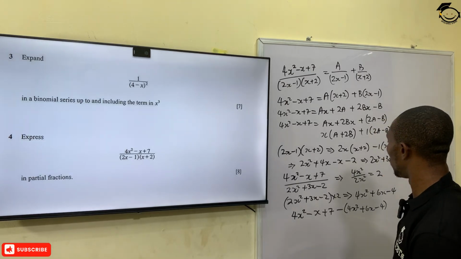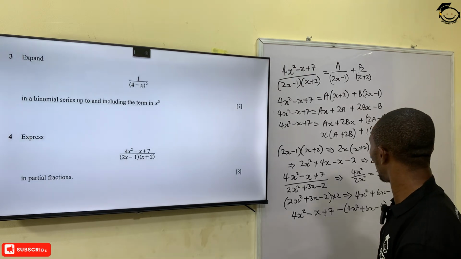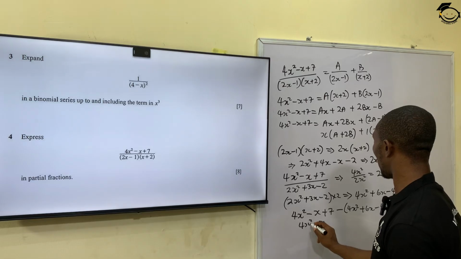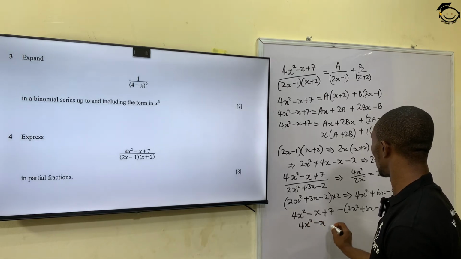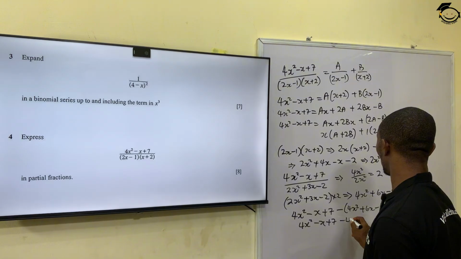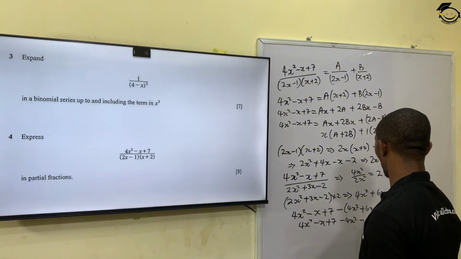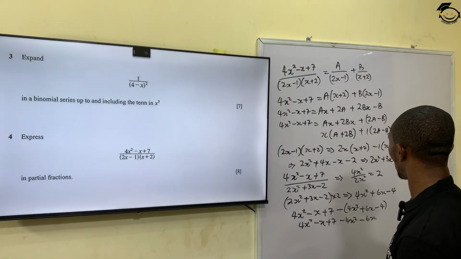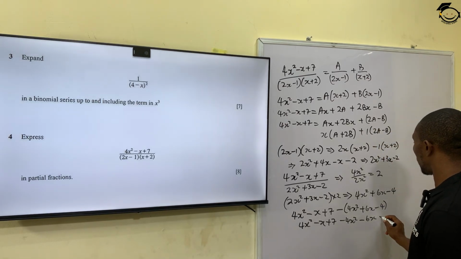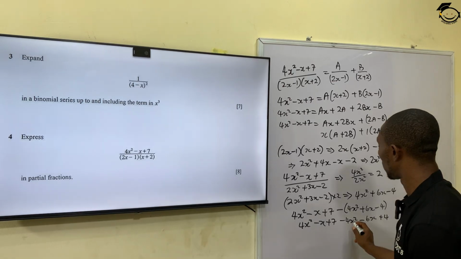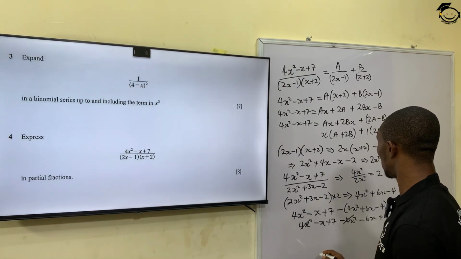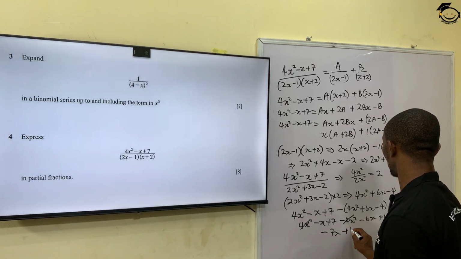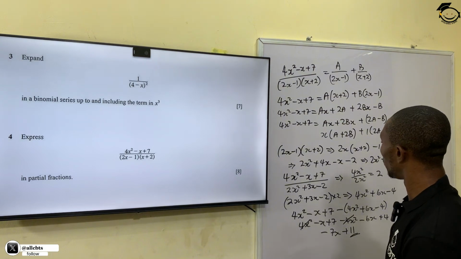All right. Now, if we open up the bracket, we are having it as 4x squared minus x plus 7 minus 4x squared minus 6x plus 4. All right. We cancel out this, leaving us with minus 7x plus 11 as our remainder.